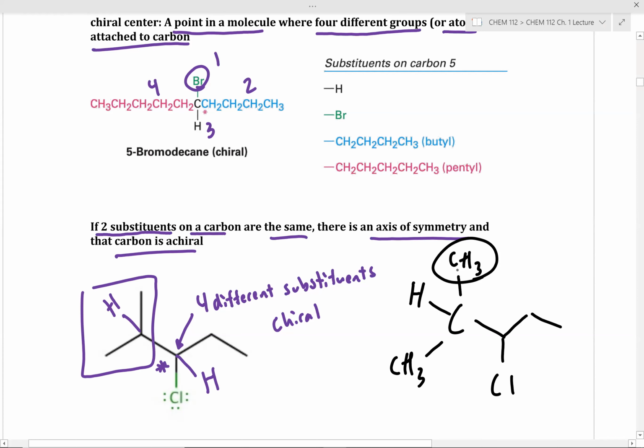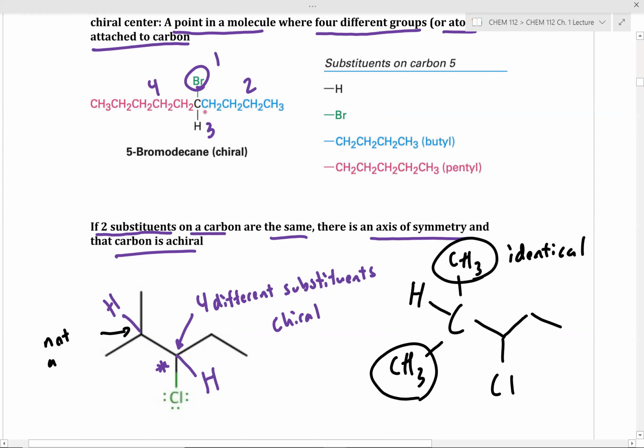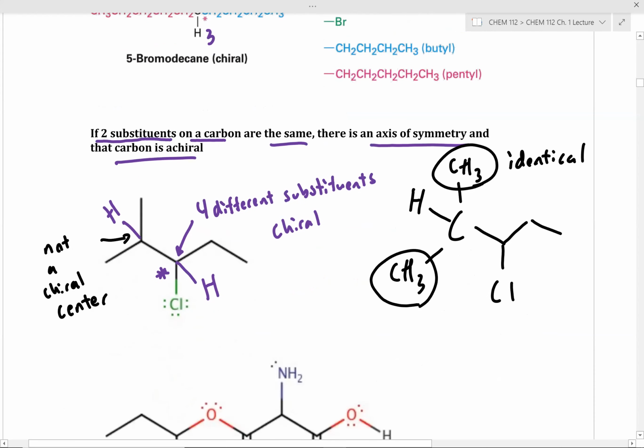Now, as we see, these two methyls are identical. So this center here is not a chiral center. Well, let's just say it's not chiral. Okay, so you really have to pay attention to your substituents on each carbon if you're identifying chiral centers.